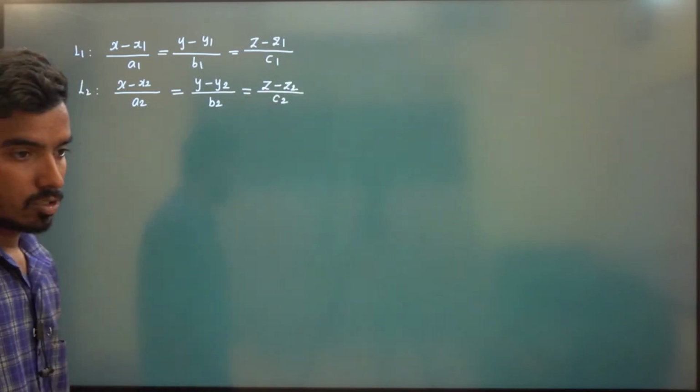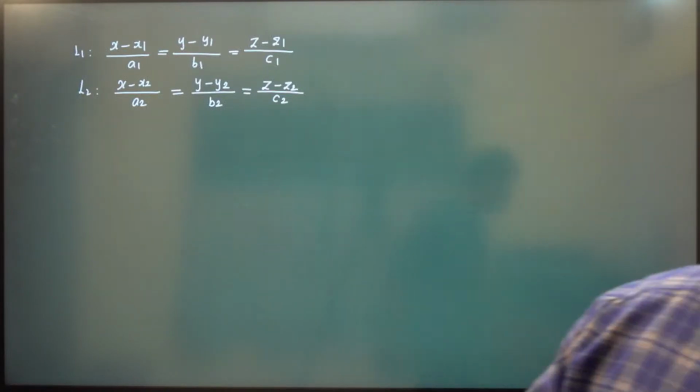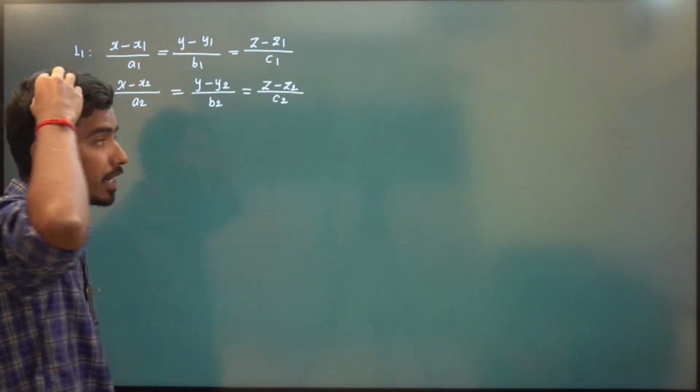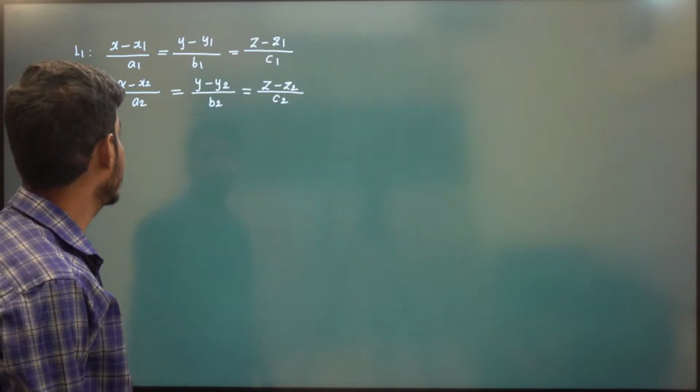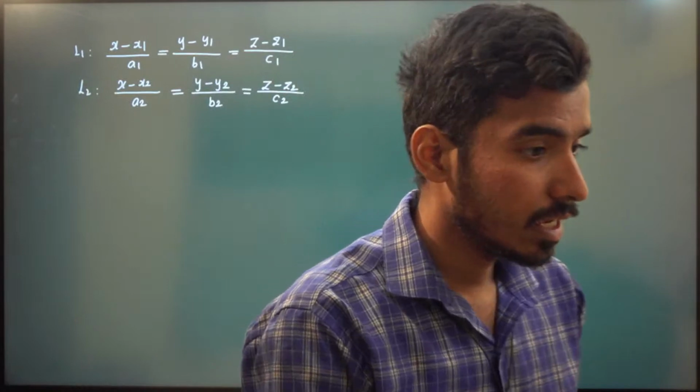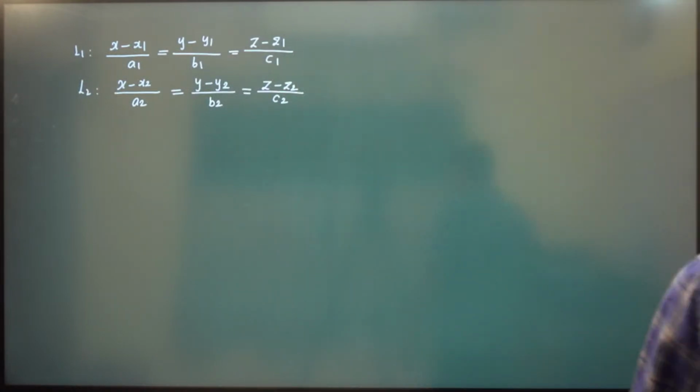Here x1, y1, z1 is one of the points on L1, and x2, y2, z2 is one of the points on L2. a1, b1, c1 is the direction ratio of the first line, and a2, b2, c2 is the direction ratio of the second line.